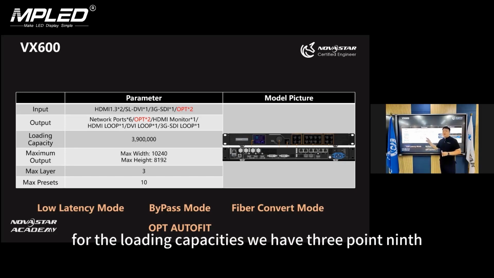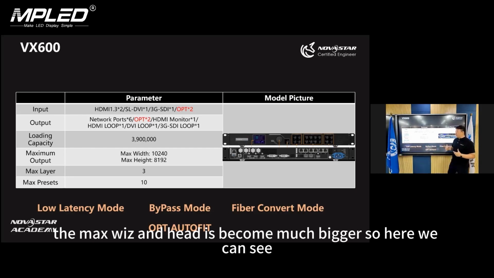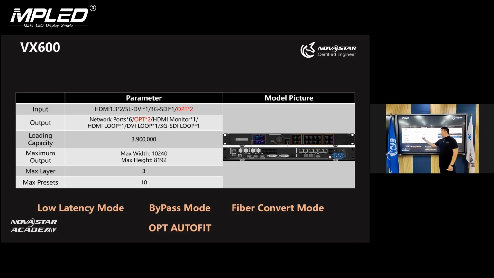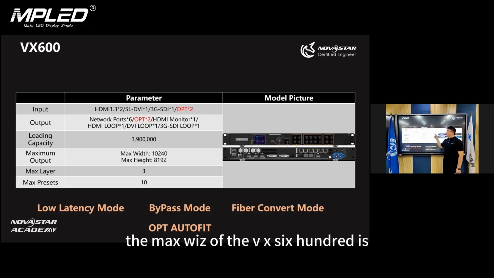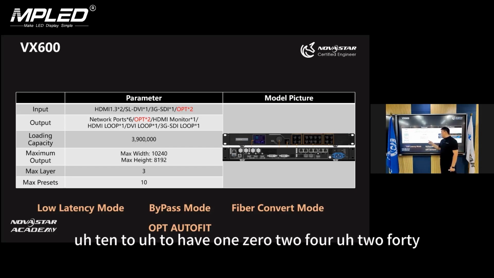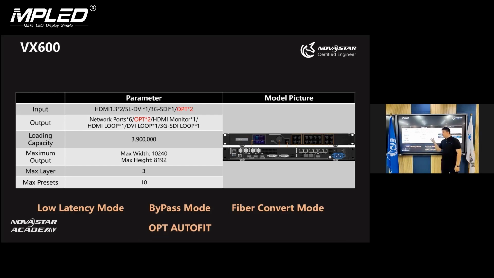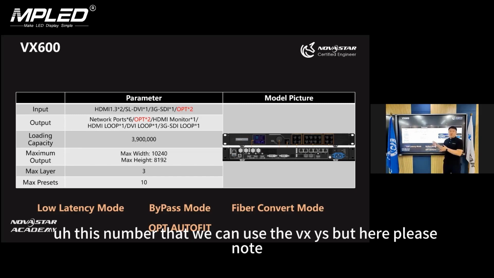For the loading capacities, we have 3.9 million pixels. And then the maximum output, the max width and height is much bigger. So here we can see the max width of the VX600 is 10240. Which means if we have a super long screen, as long as the width is within this number, then we can use the VX600.